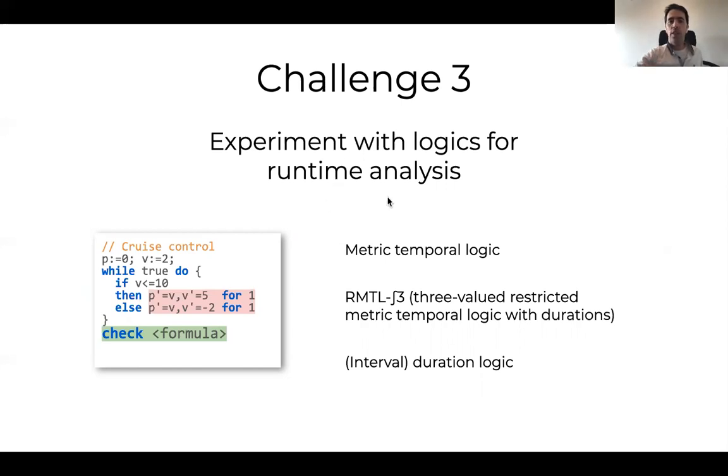So what kind of logic would fit well the kind of programs that we have here, which are deterministic programs that basically reflect a trace and execution of your system? And you might want to verify things like, is it true that velocity will never get higher than 10 for more than 2 time units?